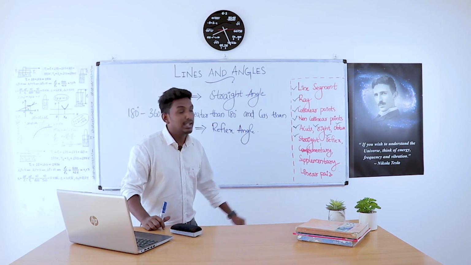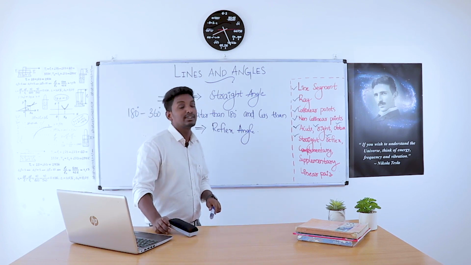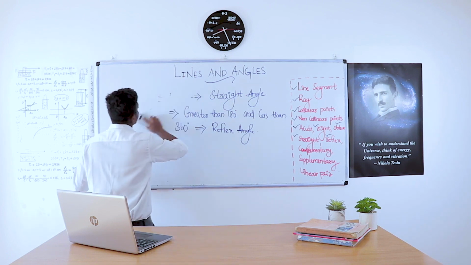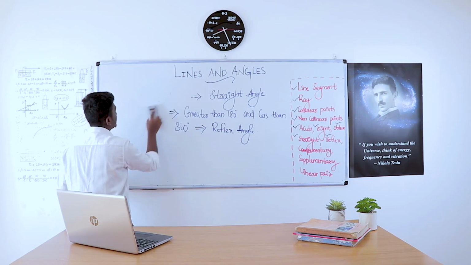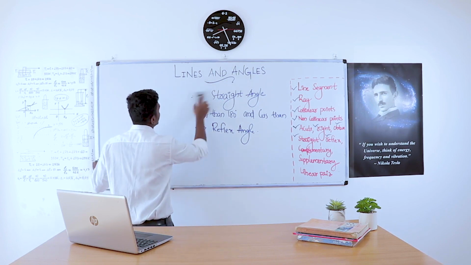If it is greater than 180 degrees and less than 360 degrees, it is known as a reflex angle. That's how we classify angles as acute, right, obtuse, straight and reflex.